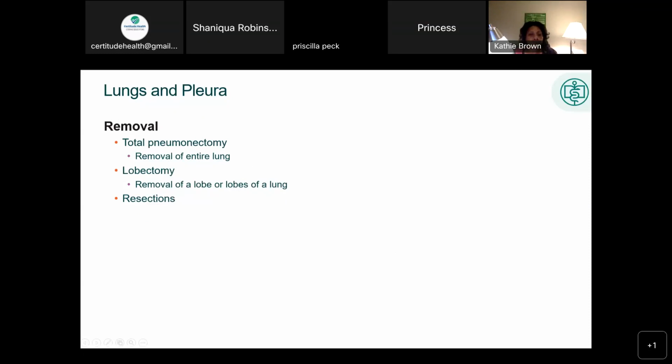Because I believe that our right lung, and I should probably look at one of the images, but I think it's our right lung that has 3 lobes, and the left lung has 2 lobes, if I'm not mistaken. But if I'm wrong, feel free to correct me, as I'm not looking at one of the illustrations.